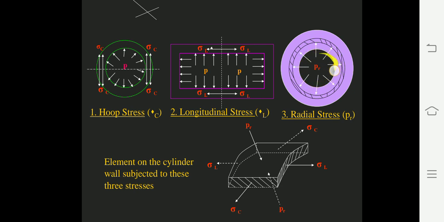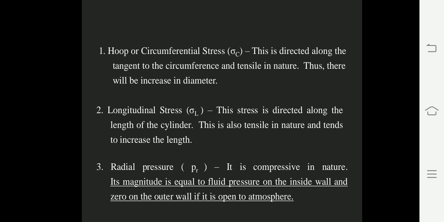Due to that pressure, if there is an increase in diameter as well as in length, that is called radial stress. I hope you understood hoop or circumferential stress, longitudinal stress and radial pressure well.